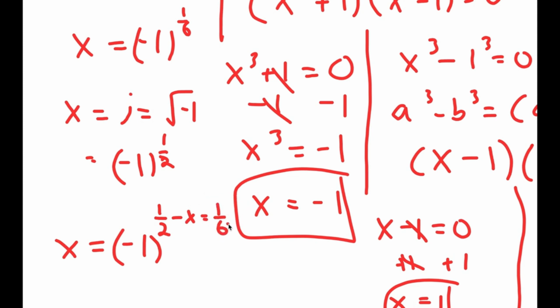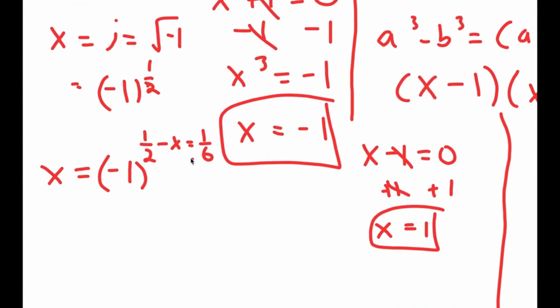So now 1/2 minus 1 over 6 is equal to 1 over 3. So 1 over 6 plus 1 over 3 is equal to 1/2.